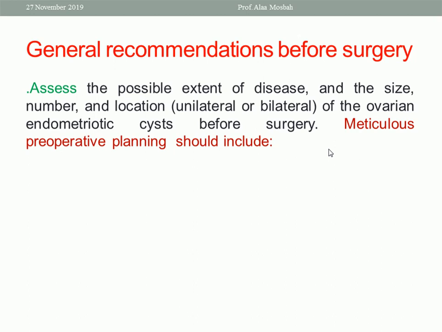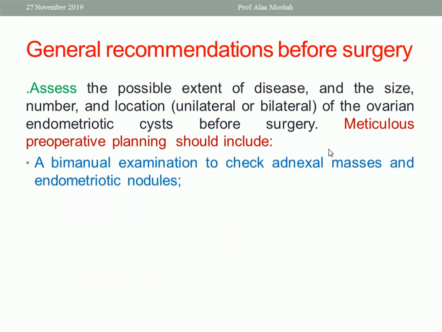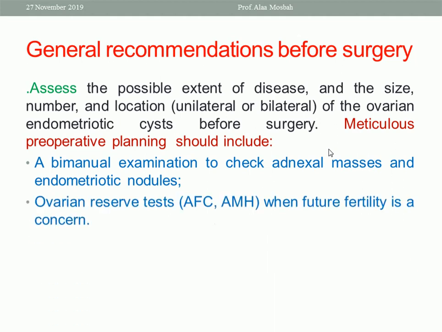Also, meticulous preoperative planning should include a bimanual examination to check adnexal masses and the endometriotic nodules. Very important, the clinical examination. Ovarian reserve test as antral follicle count and serum anti-Mullerian hormone when future fertility is concerned.